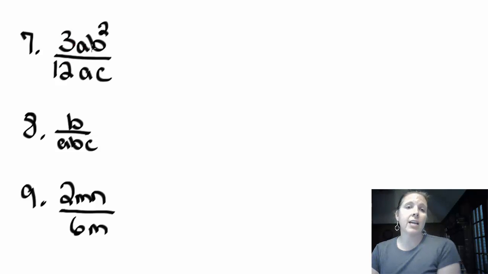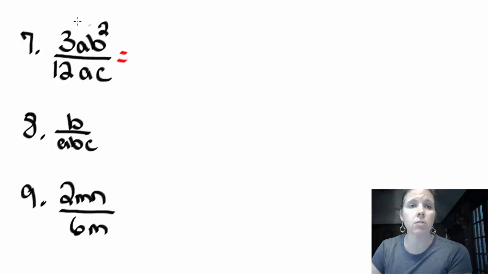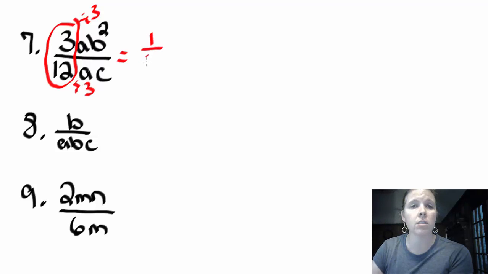So if you have 3ab squared over 12ac, the first thing you want to do is reduce the numbers. Okay, so 3 goes into both of these. We're going to divide by 3, so we have 1/4. You just do that normally. And then let's look at what we have.